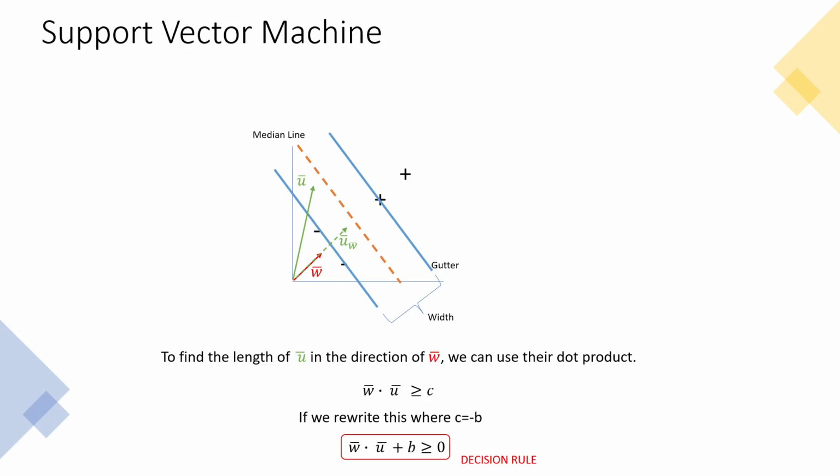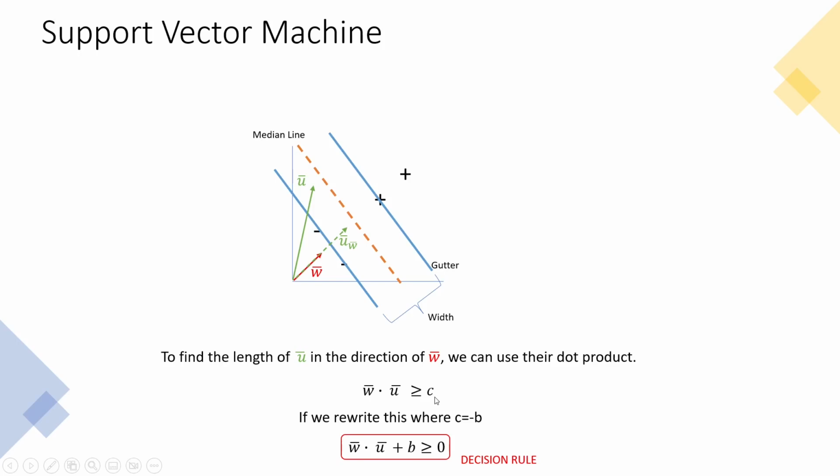So to find the length of u in the direction of w, remember our w, that was a vector perpendicular to the median line, we would like to find the projection of u on top of w. That means we can use the dot product and write an expression something like this: w dot u is greater than or equal to c, where c is any constant.